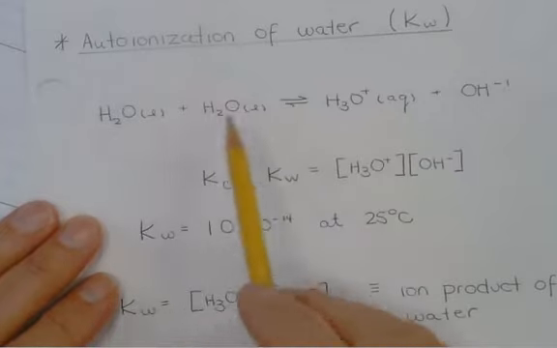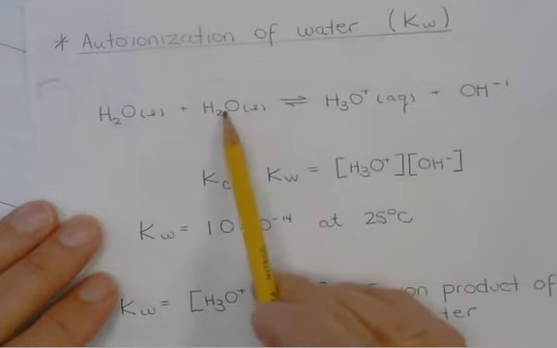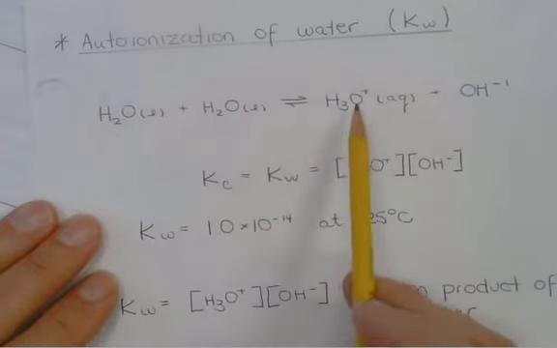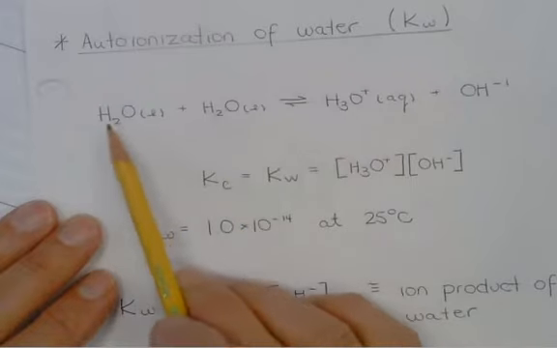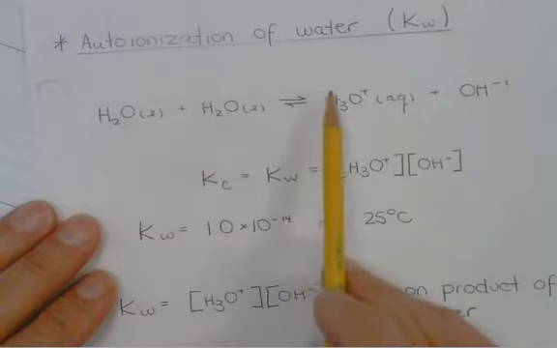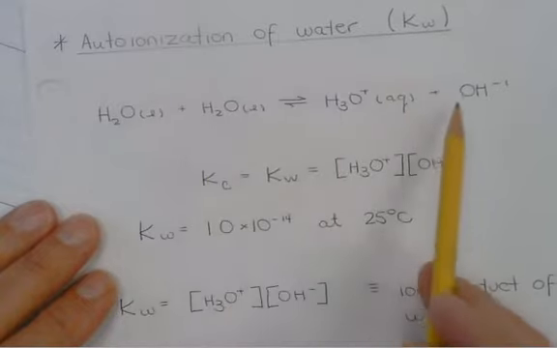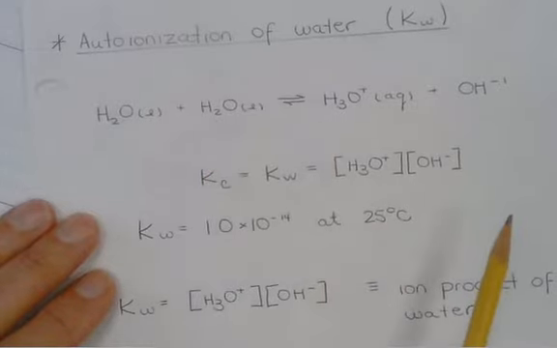So the first one would wind up as hydroxide, and the other would wind up as hydronium, capturing the extra hydrogen. So this is a conjugate acid-base pair, and you could label everything. Typical conjugate acid-base pair.